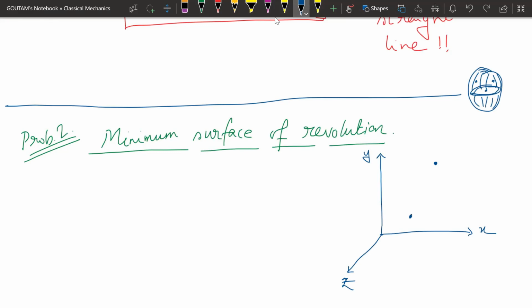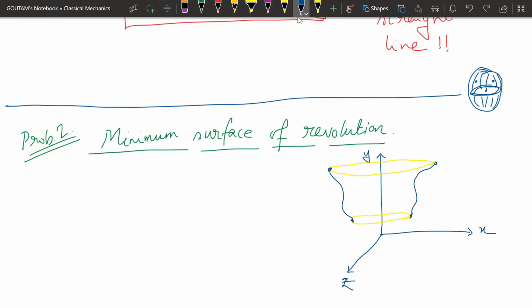Now we want to find a curve joining these 2 points such that if we rotate this curve around the y-axis, then it will look like this. Here also it will be in a similar way.